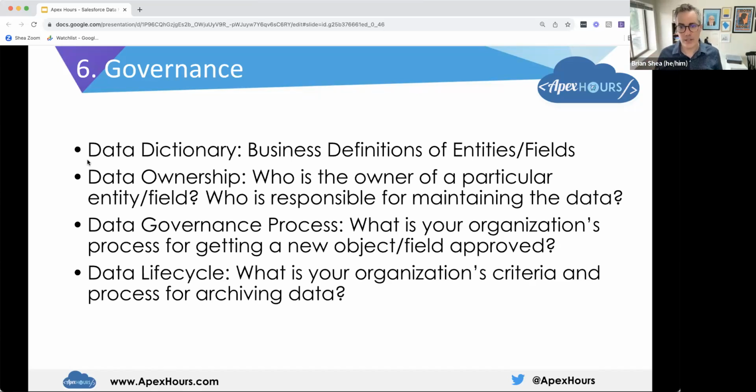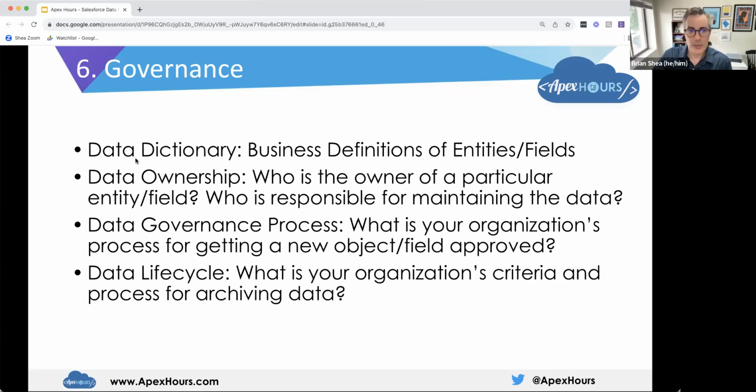So when somebody requests a new field, part of that request can be a definition of what that field is from a business perspective. Then the person looking at that enhancement request can take that business definition, look in the data dictionary and see if something already exists. And as they work with the business stakeholder, figure out: is this something new? Is it something different? So we're not having 3 or 4 or 5 or 6 different versions of the same data in 6 different fields that have been implemented over time.